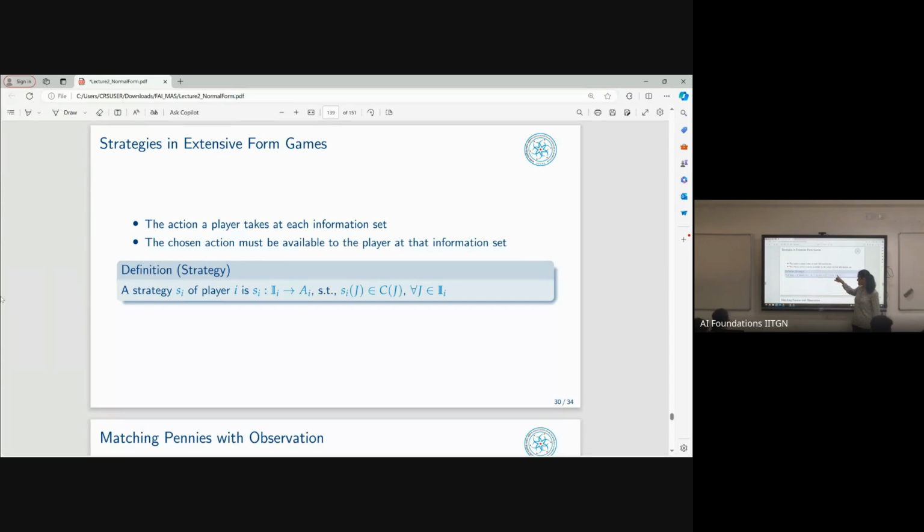Now let's take J to denote each of these information sets. For all of those information sets J, I define this term C_ij. Now C_ij is the set of actions that are available to player i at an information set J. And the strategy must select a particular action that is available to this particular agent at that information set J.